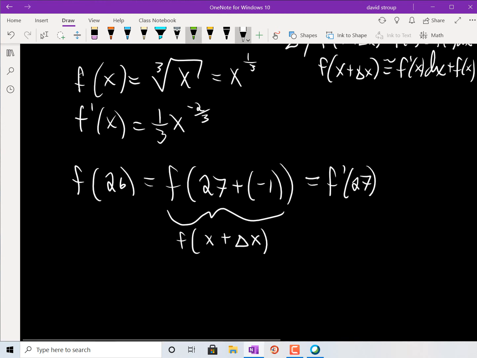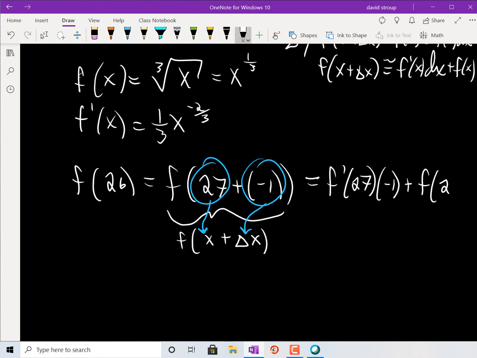So the 27 corresponds to x, and the -1 corresponds to the change in x. Okay. So f prime of 27 times dx, which is -1, and then plus f of x, which would be 27.